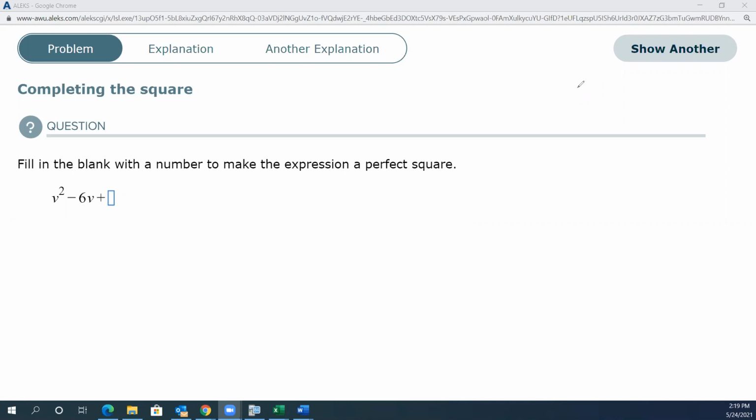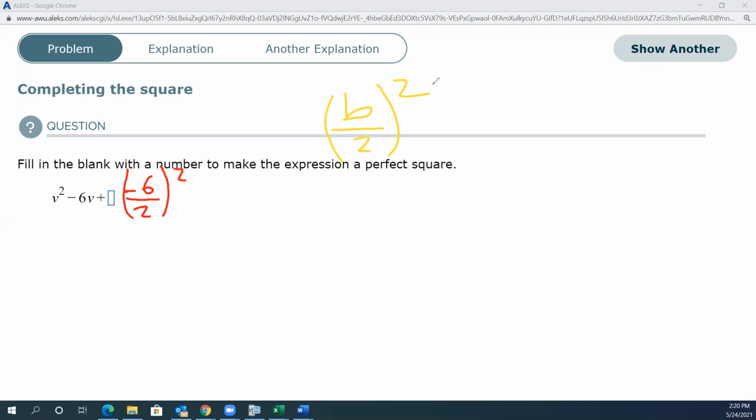So to do it, you always add b over 2 squared, where b is your coefficient of x or v or q to the first power. Well, b is -6, so I'll add -6 over 2 squared.